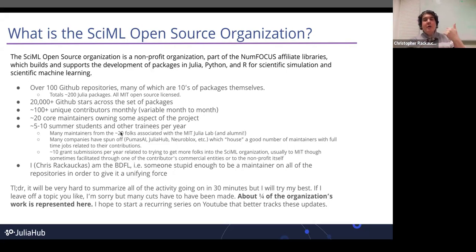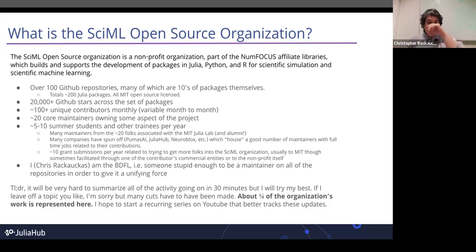Right, we get a lot of these summer trainees. We work with them directly to be able to help them make their first major contributions. And a lot of these people then stay afterwards to be a lot of the core maintainers. So if someone's watching this and thinking, I really want to get into open source, I would say get in touch with us about the Google Summer of Code program or the other Julia Seasons of Contributions programs.